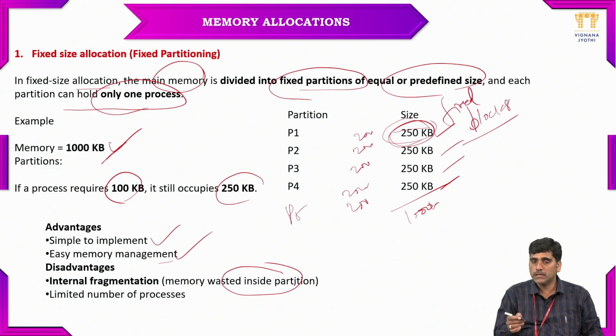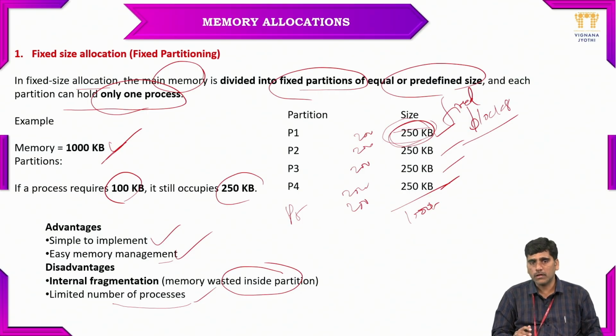That memory wasted inside the partition is called internal fragmentation. And there is a limited number of processes, because if the memory is 1000 KB and we have only 2 partitions, 500 KB and 500 KB, then only 2 processes can utilize this allocation.